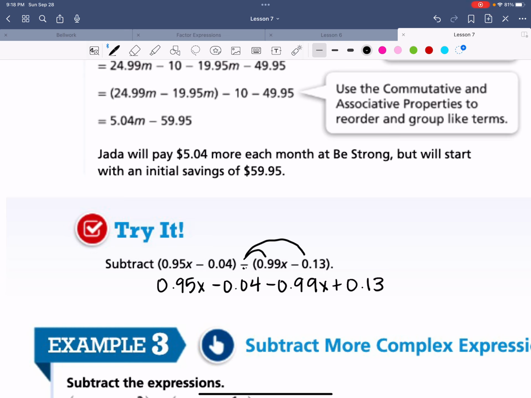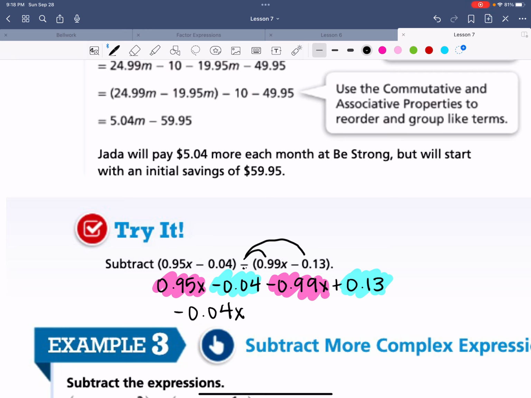And now that we have distributed that negative and made sure it went into the expression behind it, now we can look at our like terms and do how we were doing yesterday. So I have my x's and I have my constants. Make sure you're paying attention to the signs. So 95 hundredths plus negative 99 hundredths is negative 4 hundredths, so negative 0.04, keep your x.